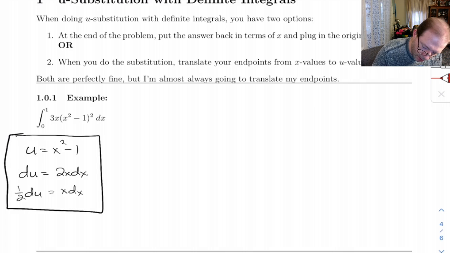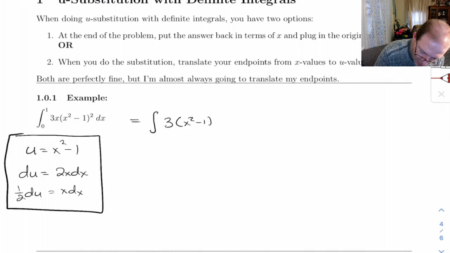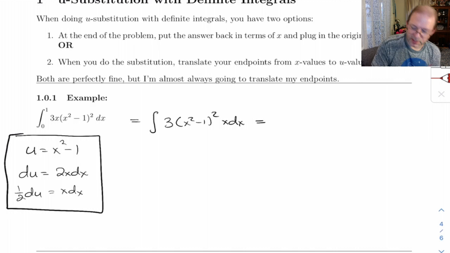All right. Now also, I've got to translate my endpoints. But before we do that, let's rewrite the integral. So I've got 3 x squared minus 1 squared x dx. I realize I didn't change anything there other than some ordering, and I want to mention why.